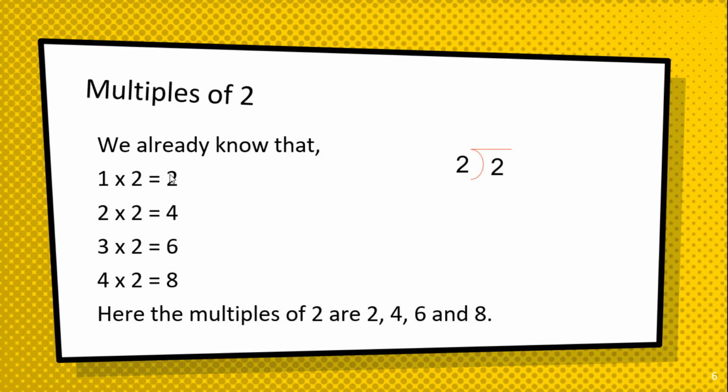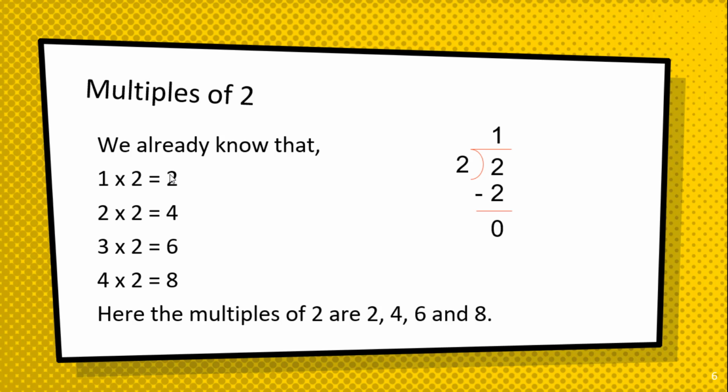Now we know 2 ones are 2, and minus sign and the line below, which gives me 0. Does it leave a remainder? No. So whenever we have a number which is completely divisible without a remainder, we can call it a multiple of that number. So in this case, 2 is a multiple of 2.